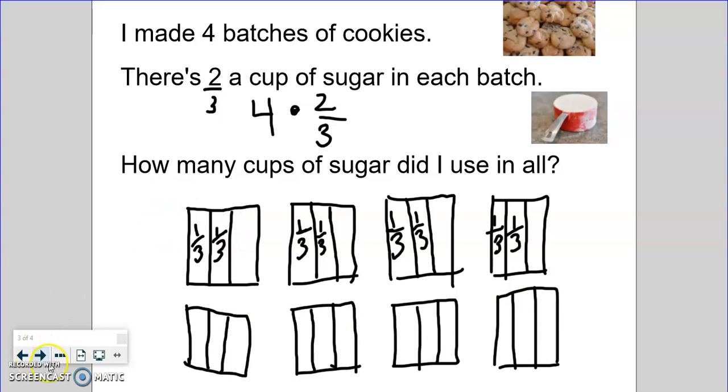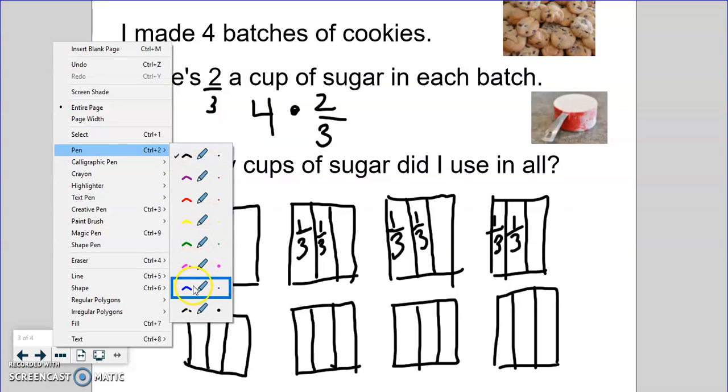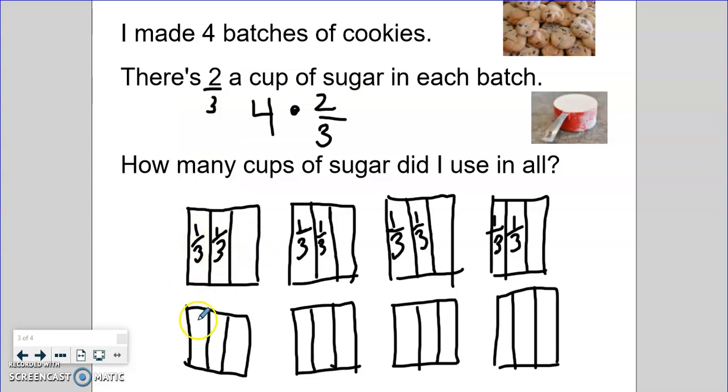So, I'm going to use different colors so we understand what I'm doing. So we have 1/3 and 1/3 here. So I'm going to keep those 1/3s in their place. 1/3, 1/3. Taking this 1/3 and putting it here. 1/3. So this becomes 1 whole. Then I'm going to take this piece and move it here. 1/3.